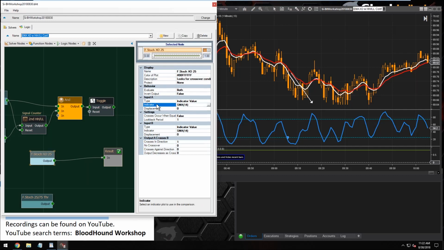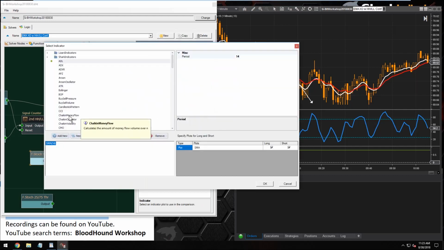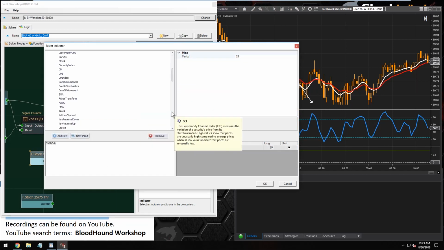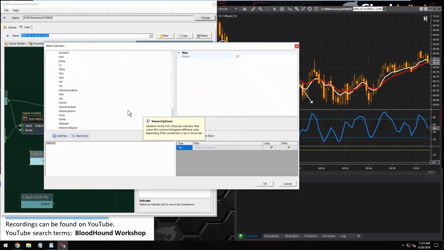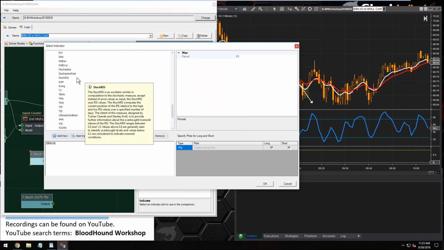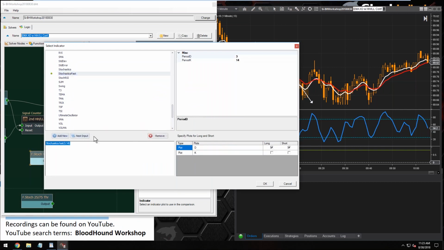So let's see here. Input A, that's going to be our indicator. So let's go find the stochastics. There it is. Again, let's change our period settings here. Again, we're looking at the D plot.